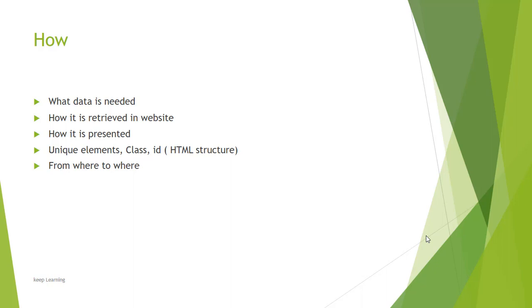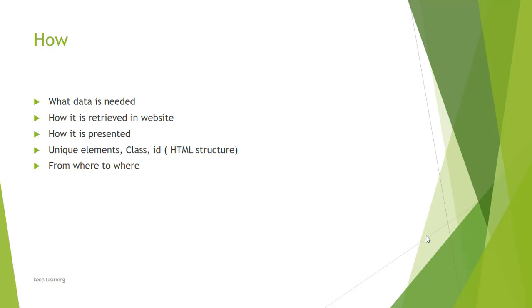You could stay on the first page itself, or you could go 2 pages, 3 pages, 4 pages, and so forth, and then get the data from the website into your storage wherever you want to store it. So these are the 5 important things that you need to note down before you start scraping the data from a website.